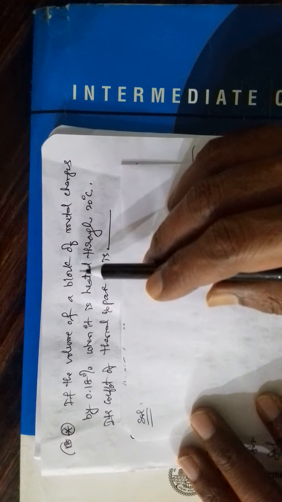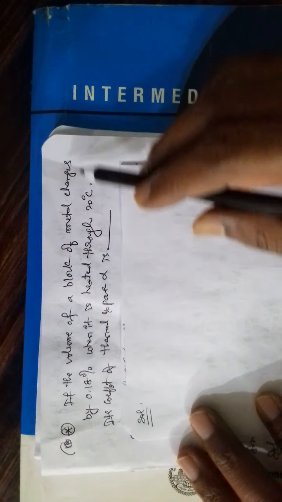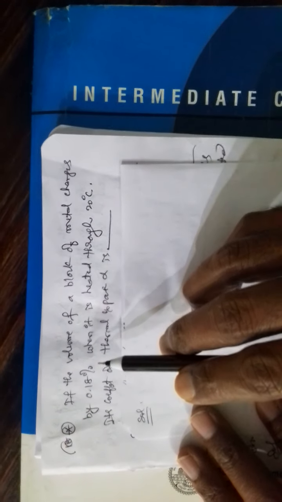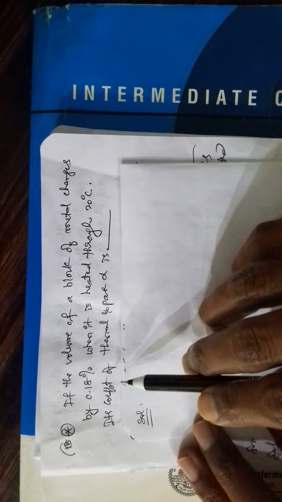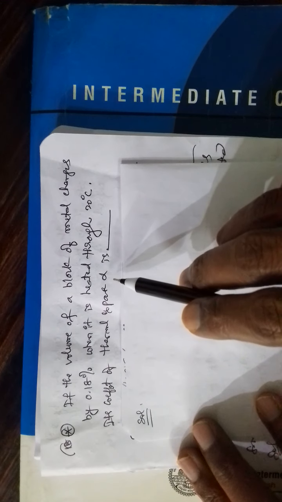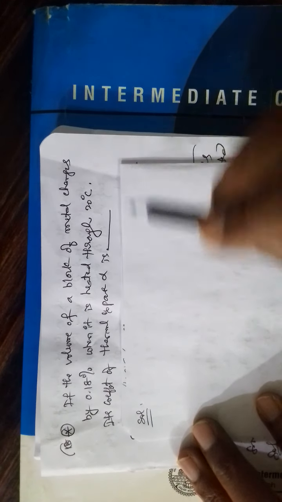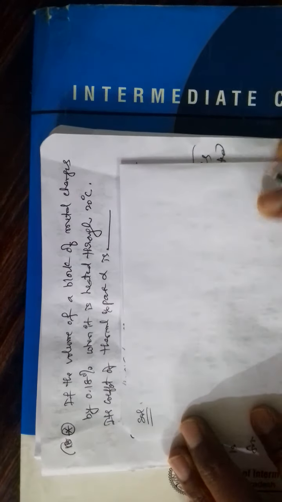If the volume of a block of a metal changes by 0.18% when it is heated through 20 degrees centigrade, its coefficient of thermal expansion alpha is. Let us note the data.